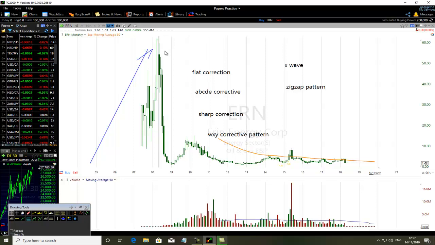You want to work for an investment bank and they present you with this chart during the test and ask you, considering that there was a trend before, is this a flat correction, ABCDE corrective wave, sharp correction, WXY corrective wave, or a zigzag pattern? Which is the correction? Is this a sharp correction?